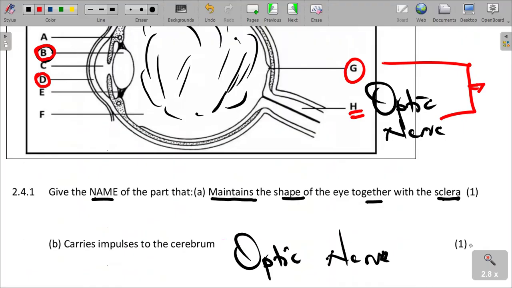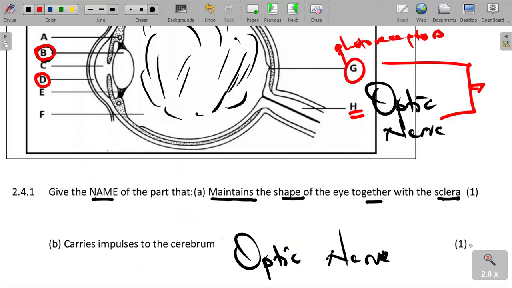We talk about the photoreceptors that are found in G. Photoreceptors are present in G. They are able to convert light to impulses, and then H is transferring. It is the optic nerve which moves the impulses to the brain.